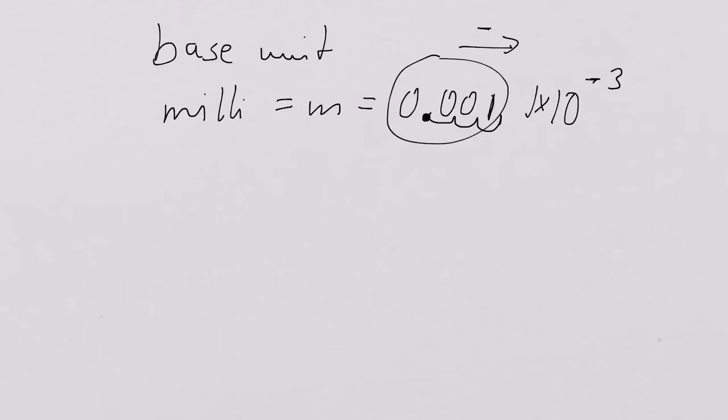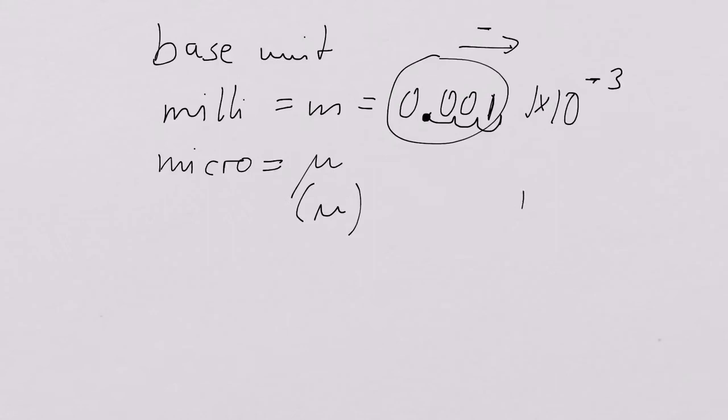What's next down from milli? Micro. It's abbreviated with the Greek letter mu. Sometimes on computers I can't type a mu in my program, so I usually abbreviate it with a U, but hopefully you understand what it means.